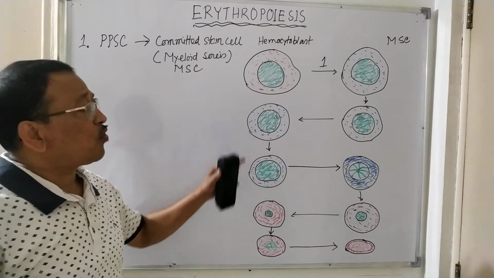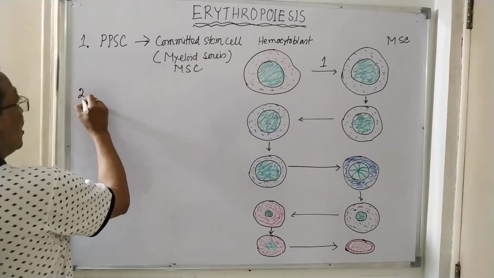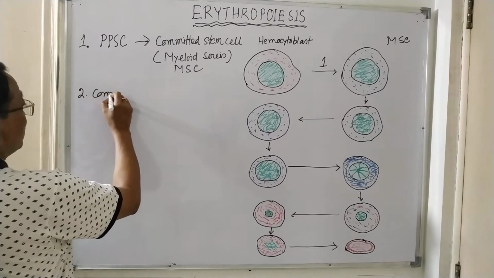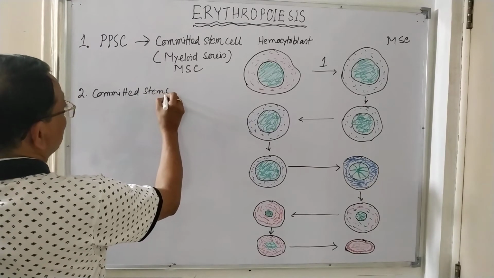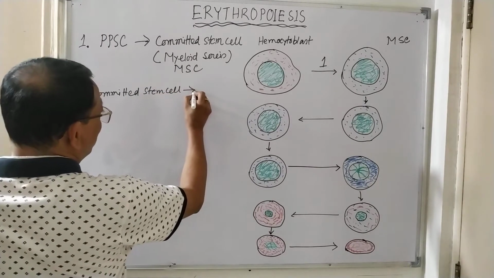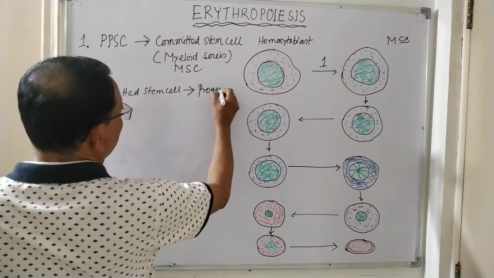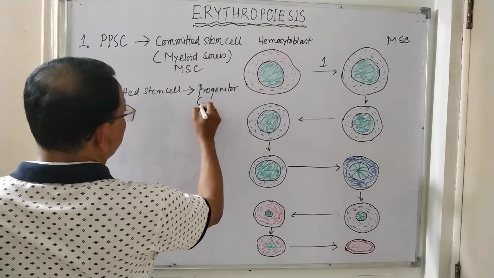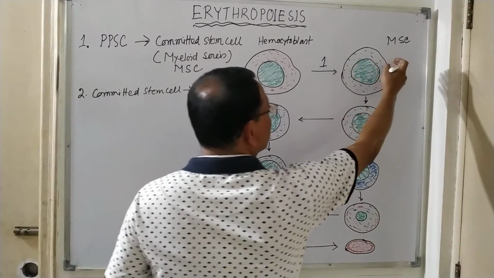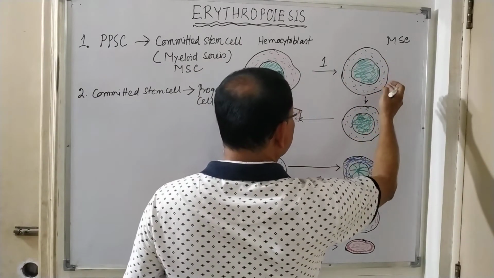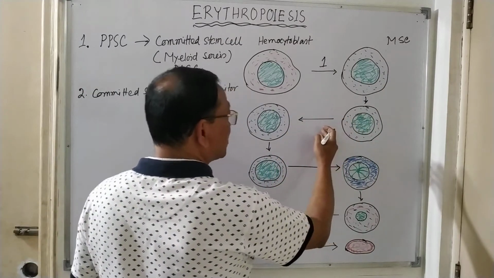And from this, in the second step, what happens? The committed stem cell is differentiated to the progenitor cell. So in the second step, the committed stem cells, the myeloid stem cell series, are differentiated to the progenitor cells.